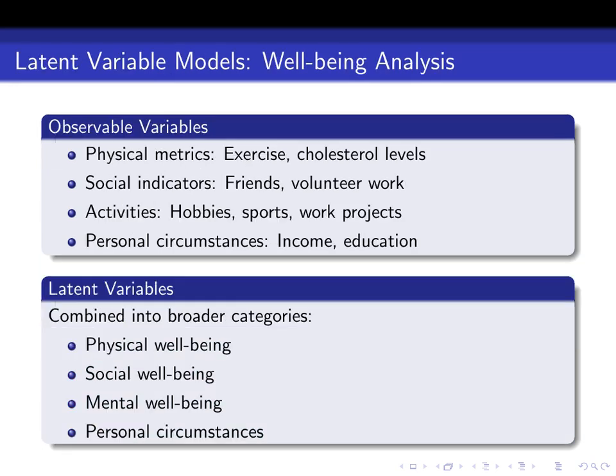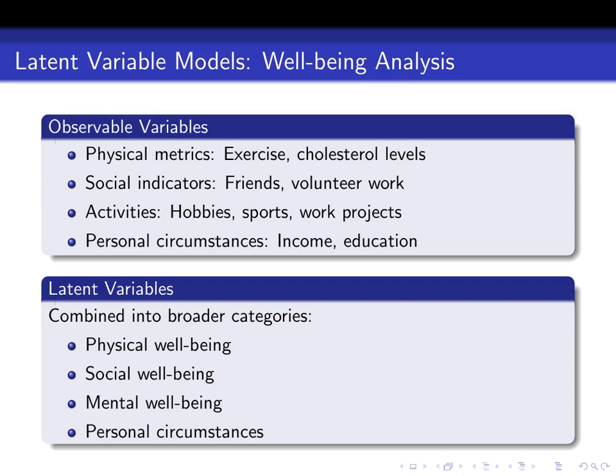Let's explore how latent variable models work in practice. Using well-being analysis as an example, researchers looked at various observable variables like exercise habits, cholesterol levels, social connections, volunteer work, hobbies, sports participation, work projects, income, and education.